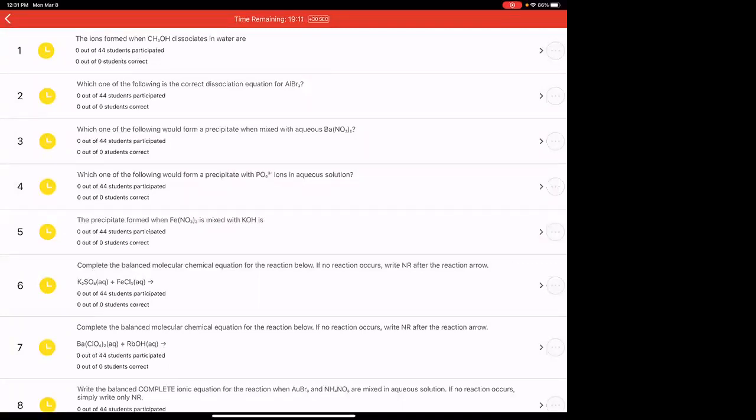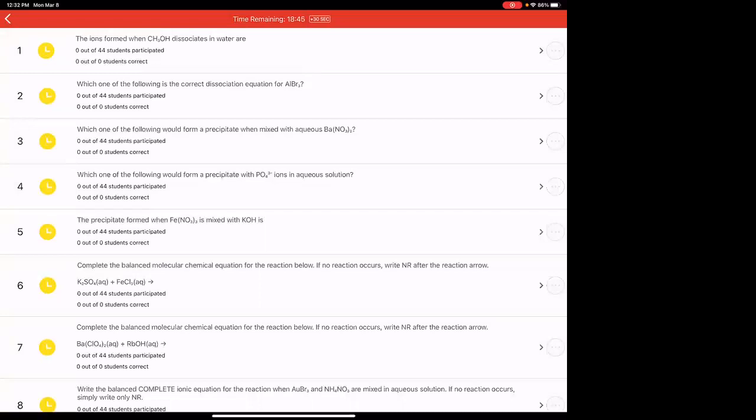Actually the first one with the CH3OH is a good one to talk about. That one is a situation where we have a molecular compound, right? Notice there aren't any ions in that. Those are all nonmetals combined with other nonmetals: carbons, hydrogens, and oxygens. So we know that's a different kind of bonding. That's covalent bonding, so we don't have any salts there.